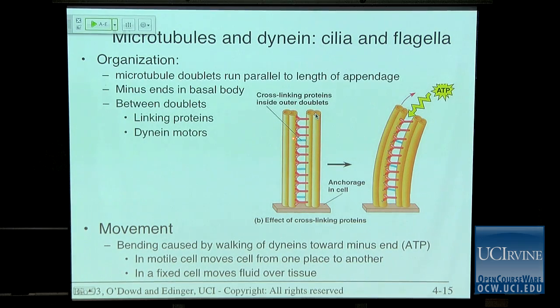Okay. Also, these doublets are linked by two proteins. We have these blue linking proteins, which are shown here, and we have dynein motors. Shown here, the heads are on this side and the tails on that side. Which direction does dynein move? Toward the minus end. That's right, the minus end is anchored in the basal body, and so when they walk toward the minus end, and these are still linked together, they're not allowed to slide because of these blue linking proteins.